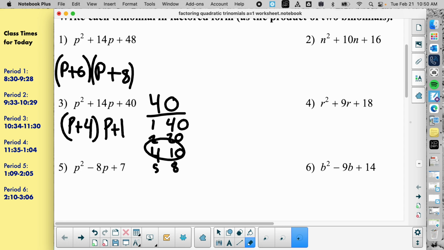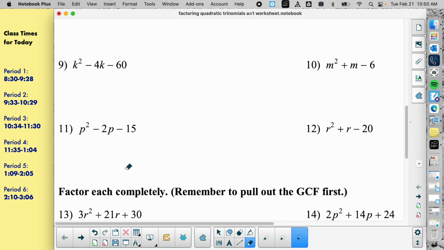Perfect. Now that's a nice job. It definitely is easier when everything's positive numbers because your brain works easier. So let's go down to one that's not all perfect. Nice. Let's look at number 11.